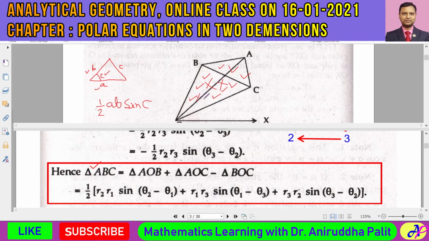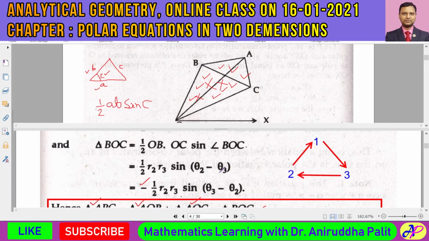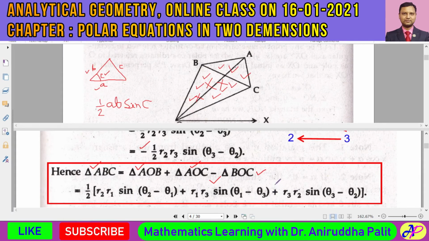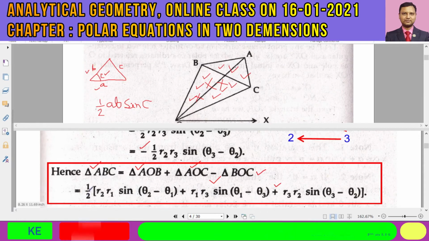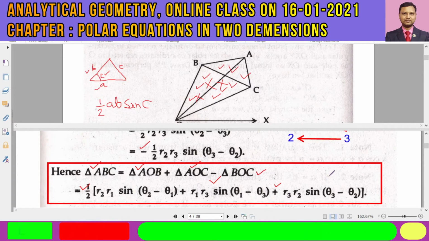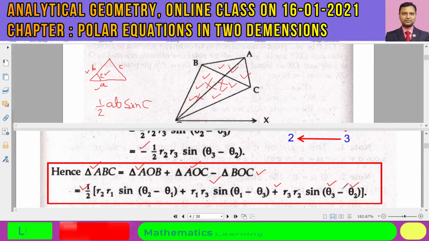Due to this minus sign and the area also being written with a minus symbol, both together form a positive sign. Ultimately we get half, taken common, of R3 R2 sine of theta 3 minus theta 2.